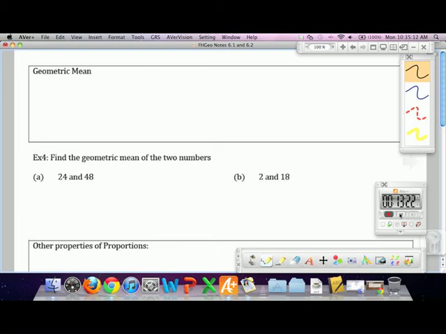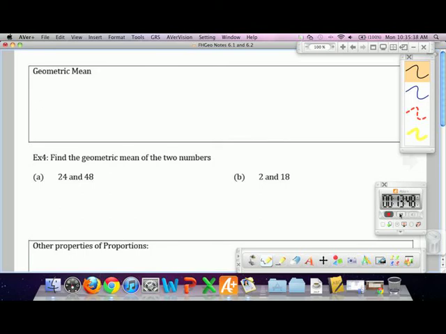Awesome. You should be familiar with what's called the arithmetic mean, the standard mean, the average of 2 numbers, found via adding. The arithmetic mean you get by adding your 2 numbers together and dividing by 2, or by however many there are.